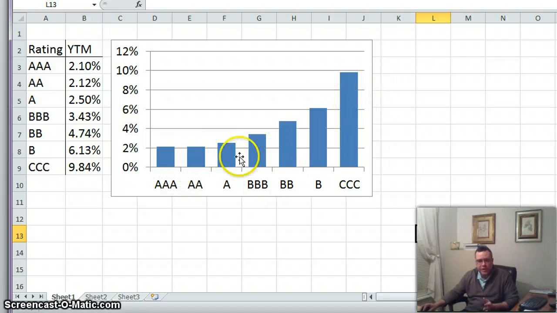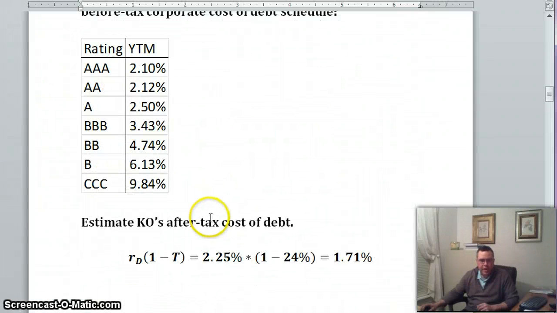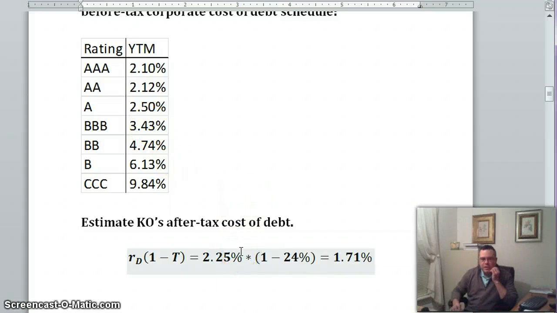So when you look at it in perspective of all the different ratings, it's really a pretty small margin. What I did was just pick a number in between those. I went with 2.25%. It's a little closer to the AA than the A. But these cost of capital measures are not exact by any means. You're trying to get a ballpark figure, which means you're trying to get pretty close to your actual cost of capital, but it's not an exact science. So in this case, I went with 2.25%.